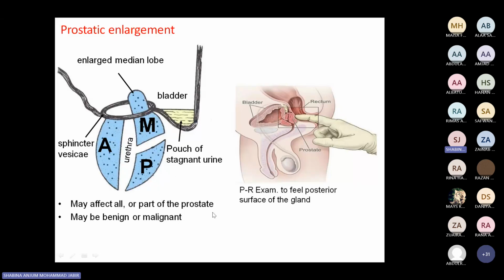It may be benign or malignant. Generally we consider benign hypertrophy, but it could be a malignant condition also. In the last lecture we saw that through digital rectal examination we can examine the surface of the prostate. The surgeon can feel if it is smooth, irregular, or hard.